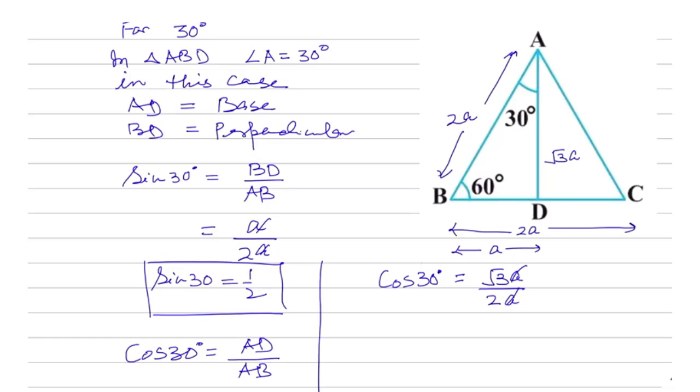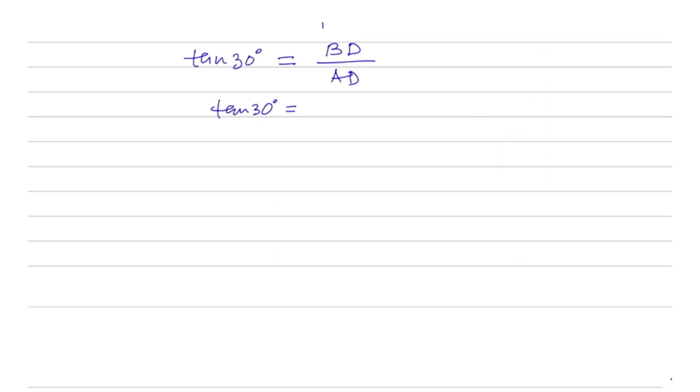A is cancelled out. So we have cos 30 degree is equal to root 3 by 2. Tan 30 degree is A upon root 3a. A is cancelled out. So we have tan 30 degree is equal to 1 upon root 3.